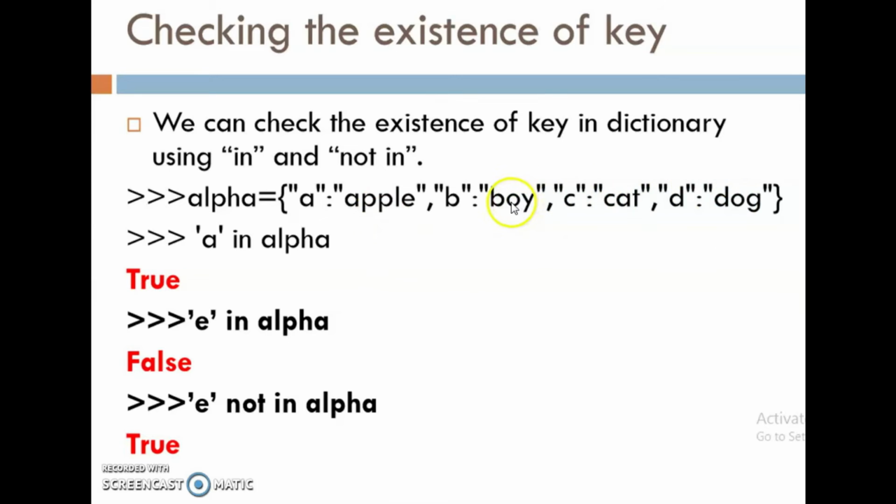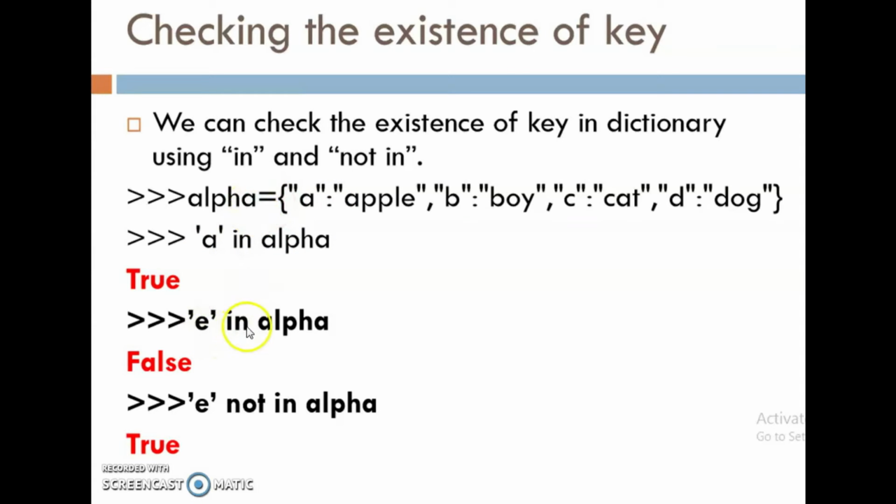Now we are checking the existence of key by using in and not in operators. A in alpha. Alpha is the dictionary. Here I use this A key in alpha, that is true. A key is present in this dictionary alpha.